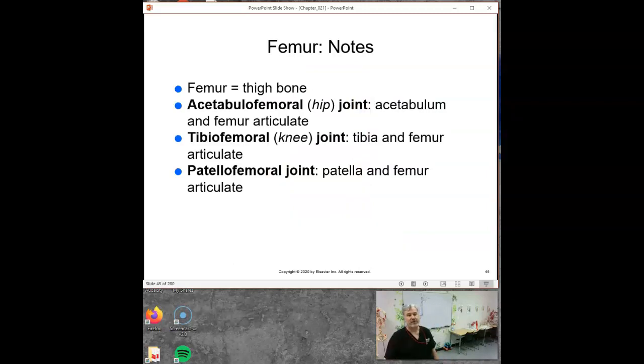So, your hip joint is your acetabular-femoral joint. Your knee is called your tibiofemoral joint. It's where your tibia and your femur meet. That makes sense. Your ankle joint, never mind.